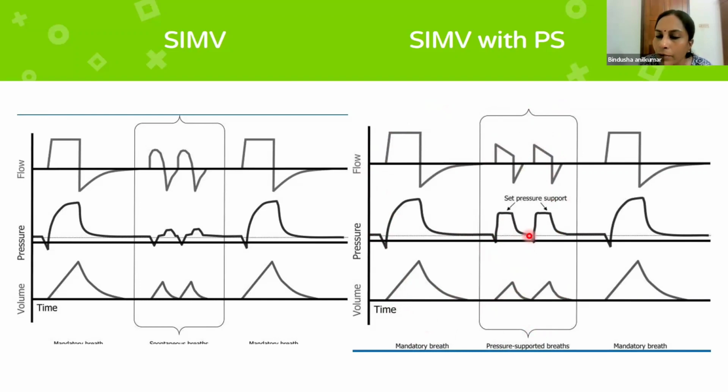And the tidal volume and inspiratory time of these breaths will vary depending upon the patient. If the patient is having a good inspiratory time, you will have a breath with more tidal volume. If the patient is not having a good inspiratory effort, it will have a lesser tidal volume. So you'll be seeing different types of breath when the patient is put on a SIMV mode.